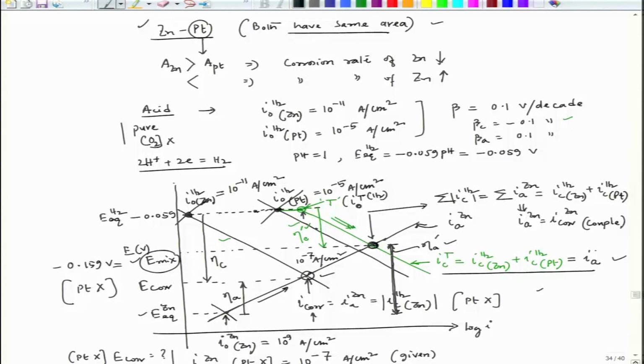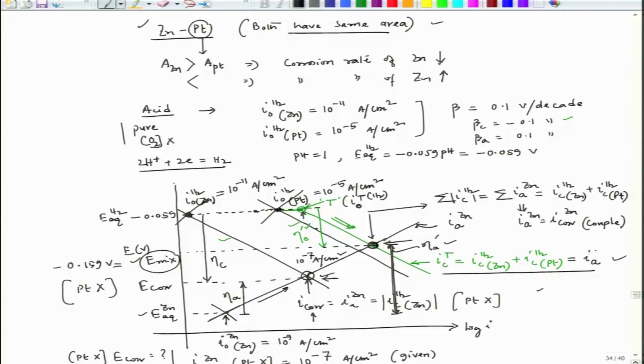That means, the E corr when platinum was not there was positioned here, but after it is connected to platinum with higher exchange current density of hydrogen evolution on that surface, the corrosion potential or the E corr or E mix has moved up, but the corrosion rate of that active component, that is zinc, has gone up orders of magnitude.